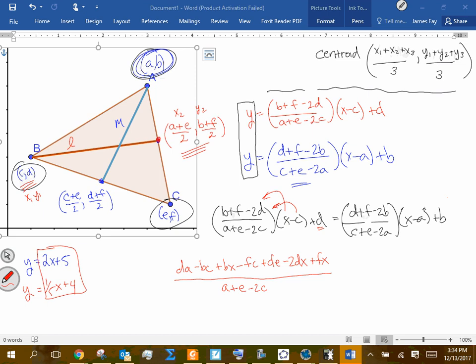The right-hand side is going to look like this. It's going to be da plus fa minus bc minus be plus 2bx minus dx minus fx, all over the common denominator of negative c minus e plus 2a.